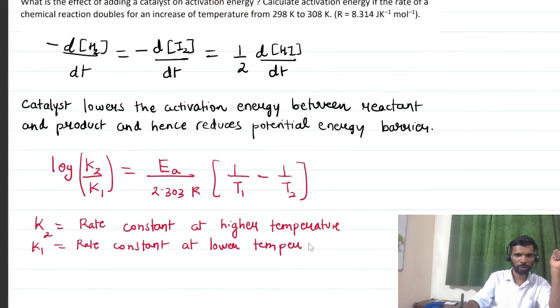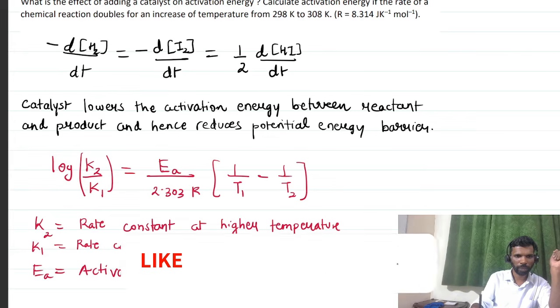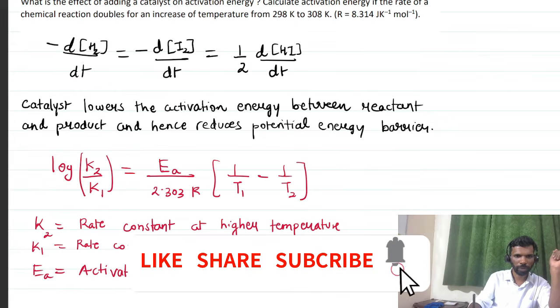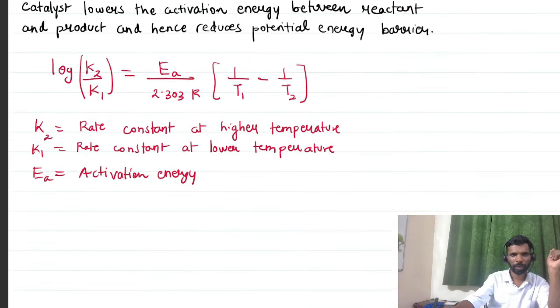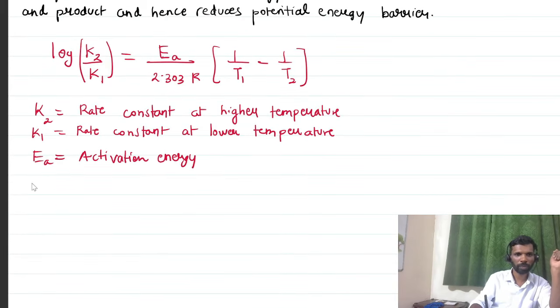EA is the activation energy, and this is what you are told to find, right? R is the gas constant.